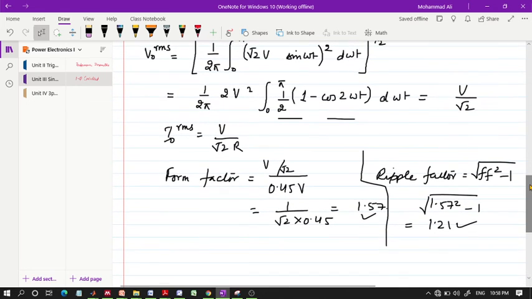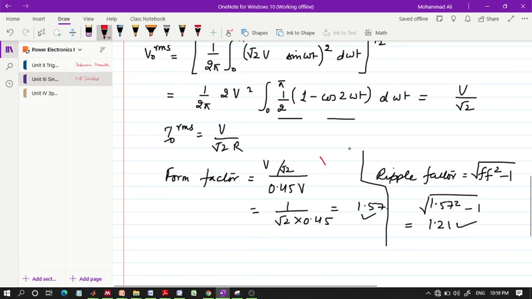So now we have the RMS value and the DC value of the voltage and the current, and we know from our earlier discussion what the form factor and the ripple factor are. The form factor is nothing but the RMS value upon the DC value. Let me write it in another color so you may remember.